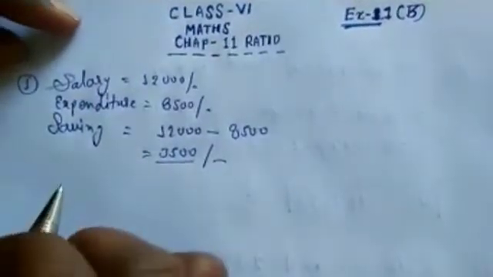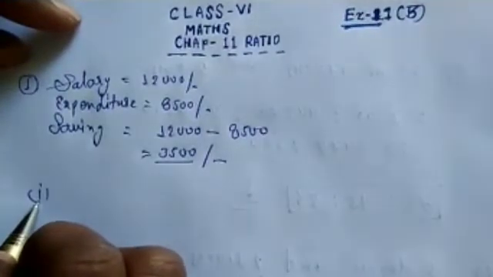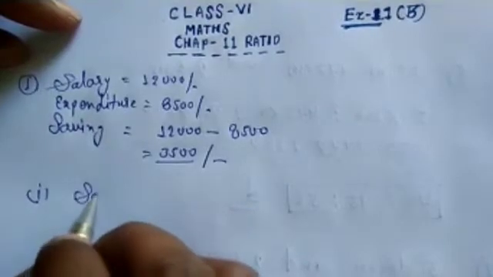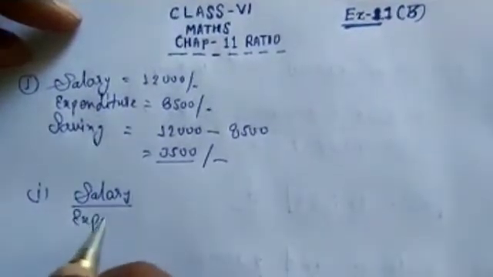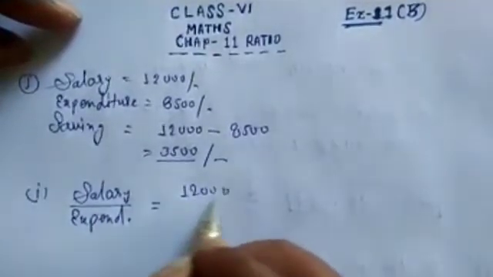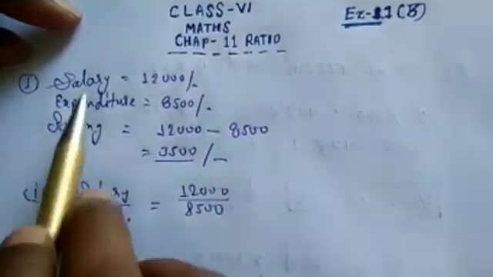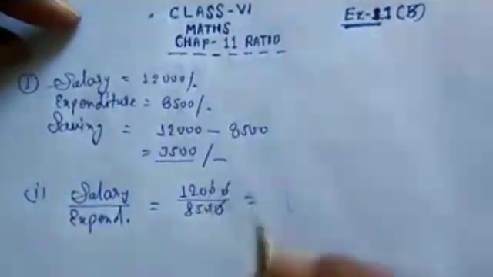This is the saving. Now point 1, find out the ratio of salary to expenditure. Salary is 12,000, expenditure is 8,500. Salary to expenditure, the zeros will be cancelled there.